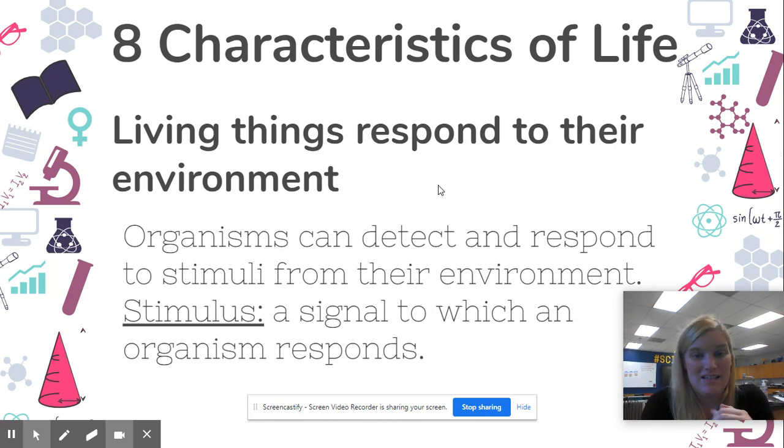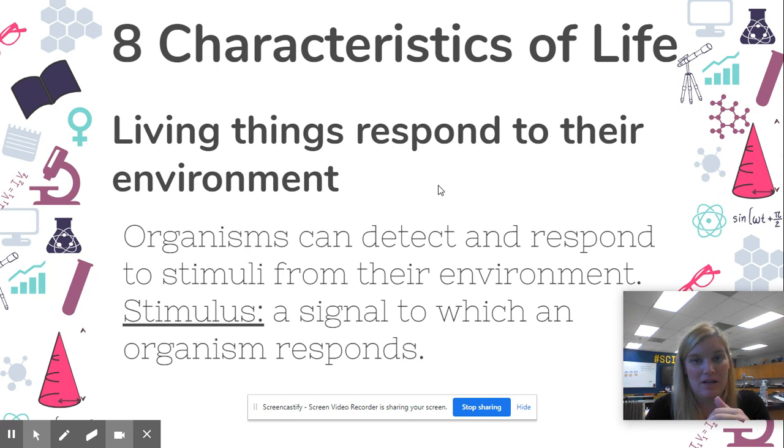Living things respond to their environment. So organisms, which are living things, can detect and respond to stimuli from your environment. So stimuli is just the plural of stimulus, which is essentially just a signal that you or your body gets. So like if I was to touch fire, my body would say, well, that wasn't smart, that hurt, and I would pull back.